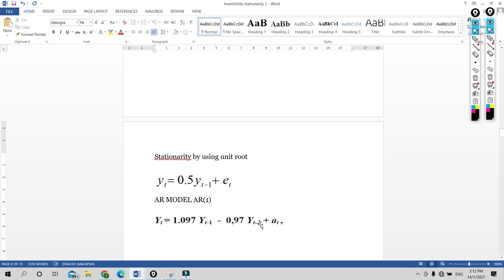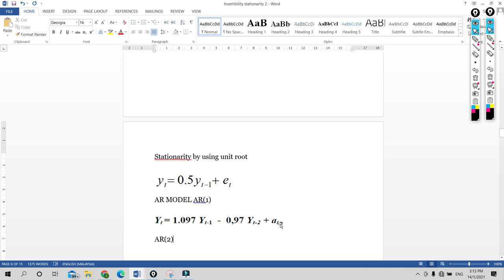If you look at the second model, this is known as an AR2 model because the current data depends on the two previous data, y_{t-1} and y_{t-2}, plus a_t.